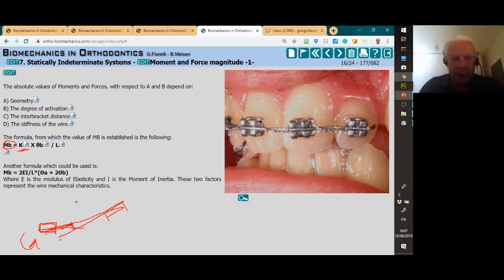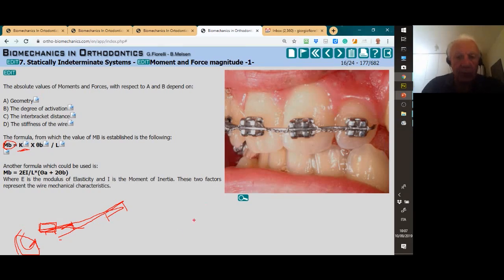But we have to have an idea, for example, that the moments that I have here will be larger or smaller if we have a small or large interbracket distance. So in small interbracket distance, forces and moments are larger than if we have large interbracket distance.